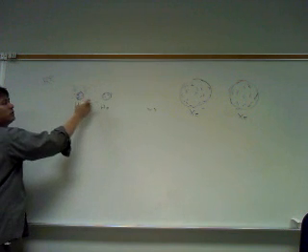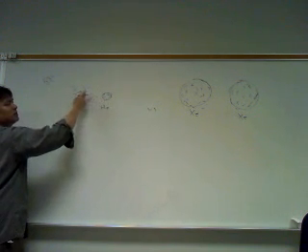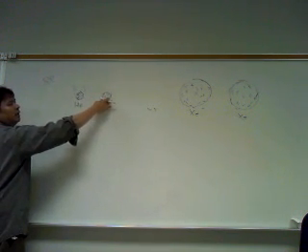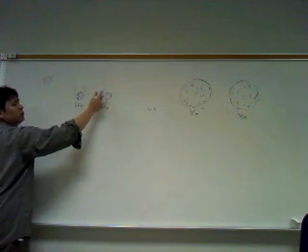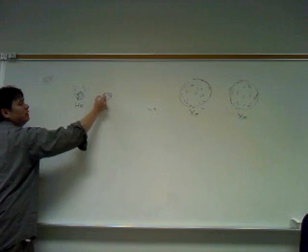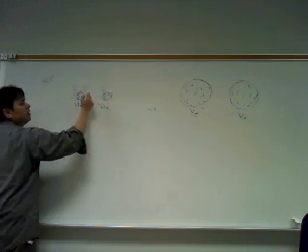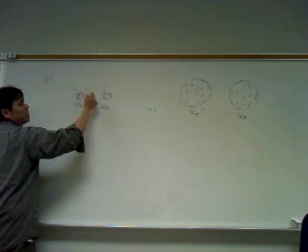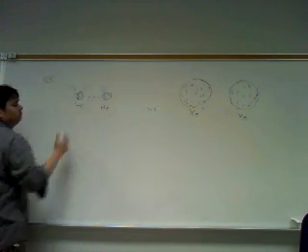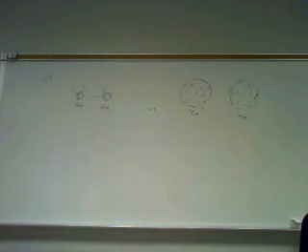The adjacent helium is going to see this delta plus, and the electrons in the adjacent helium are going to be pulled towards the left side, and so we'll end up with a delta minus here. This delta minus, delta plus attraction is our dispersion attraction, or London attraction.